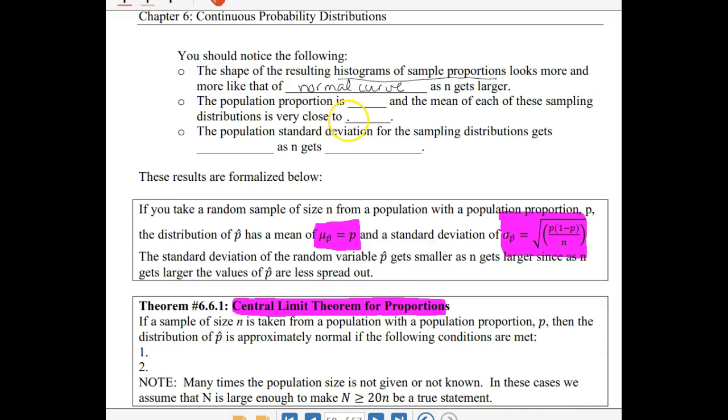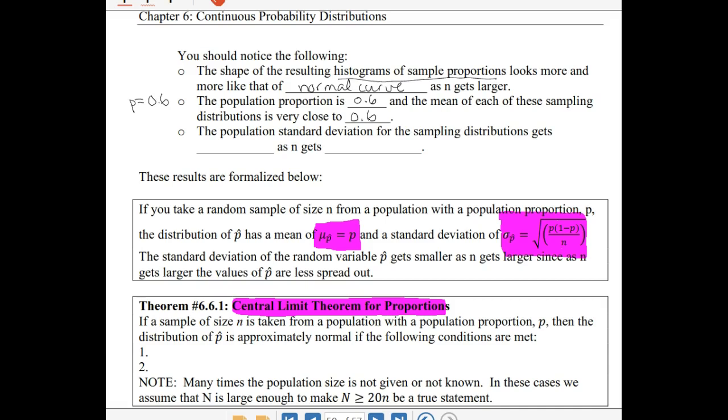The population proportion is 0.6. That's what we filled in for p, so p was 0.6. And the mean of each of these sampling distributions was very close to 0.6. Something we noticed in the previous section: the mean of our original population, mu sub x, was very close to mu sub x bar on all of those, no matter what the sample size was.